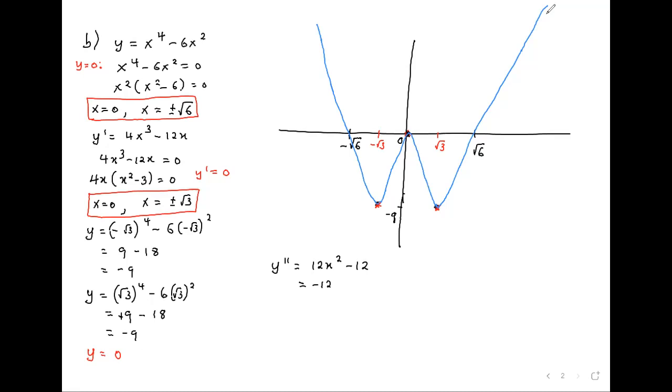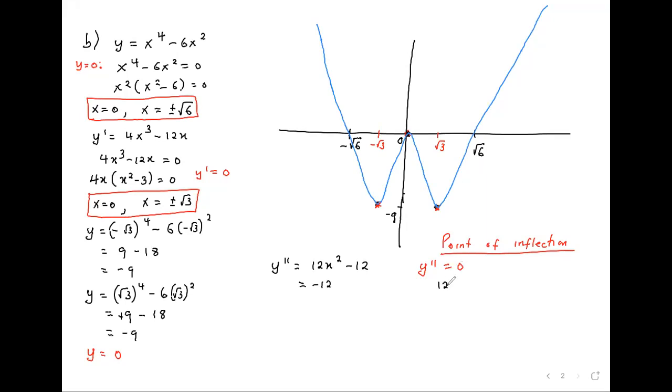So now we know the turning points. What about the point of inflection? You equate the second derivative to 0. So for the point of inflection, you equate this to 0.